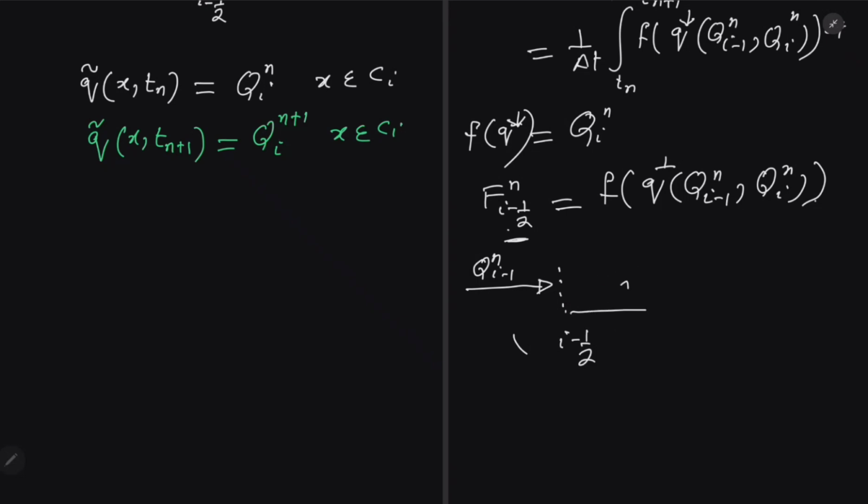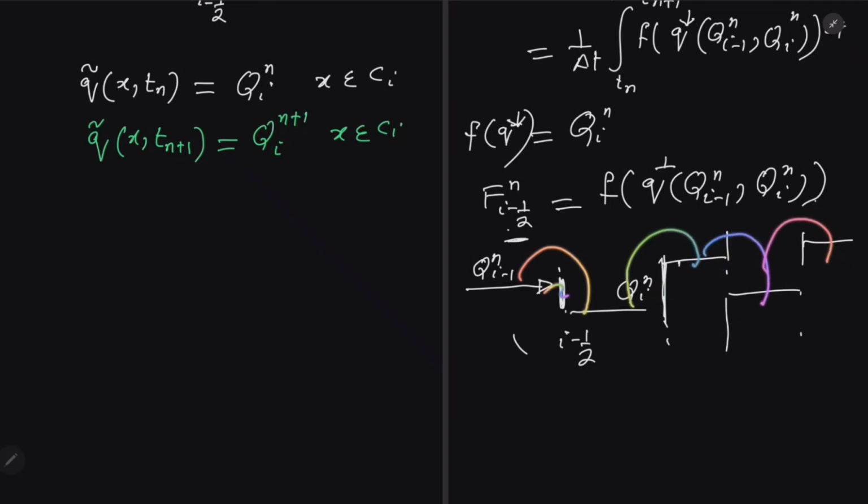If we have Q_i^n at the cell, then there is a kind of jump over here. So by Godunov's method, you are solving a Riemann problem at every cell interface. Here, for example, then again here, you are solving a Riemann problem. This is your first Riemann problem, this is your second, and so on and so forth.